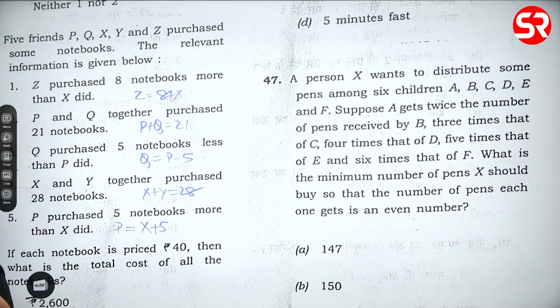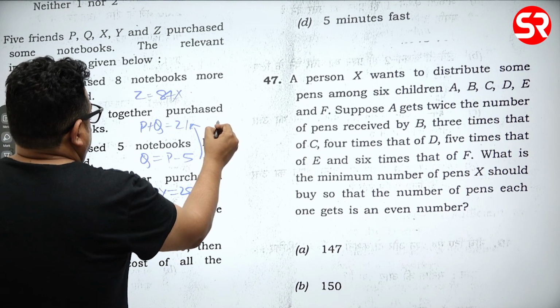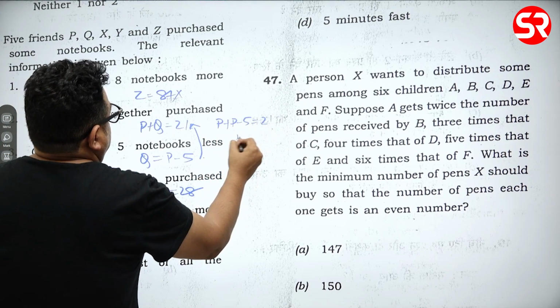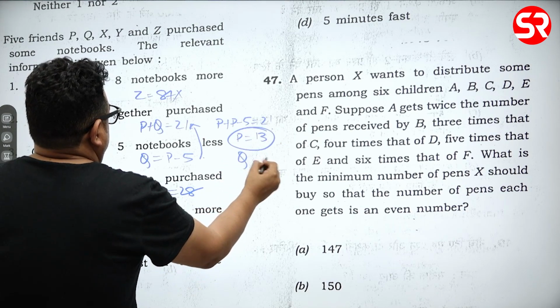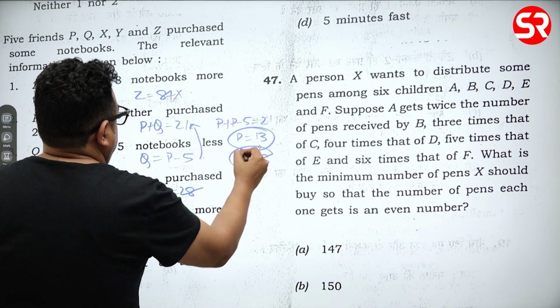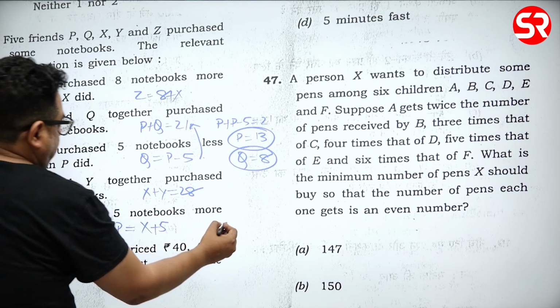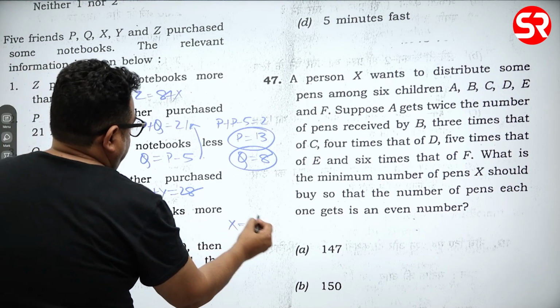Let's see now. I put value of P over Q over here. So this is P plus P minus 5 is equal to 21, which means P comes out to be 13. P 13, Q 8, done. And then P and Q done. Then X comes out to be P minus 5, which is again 8.